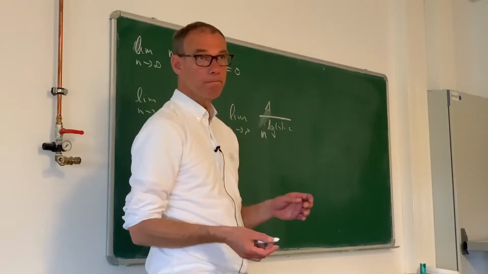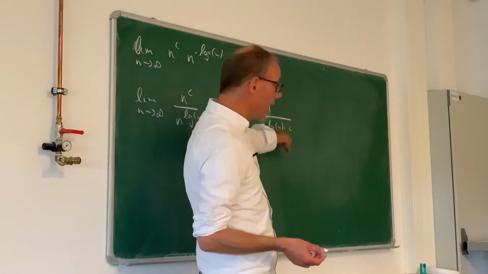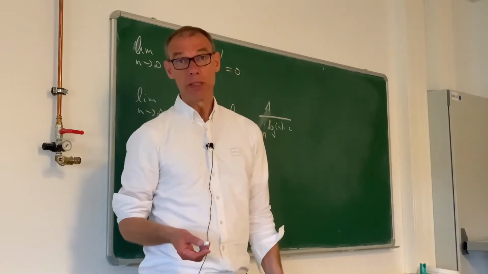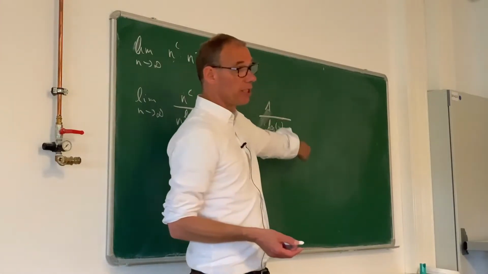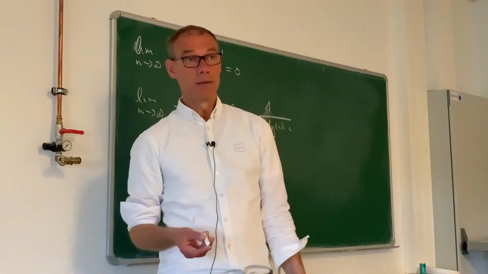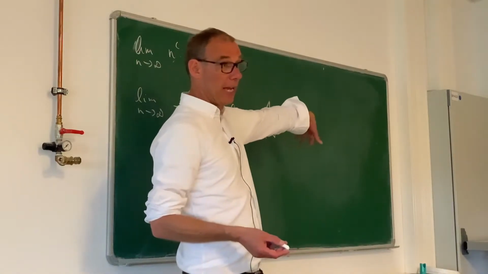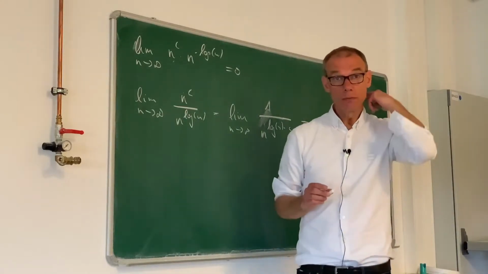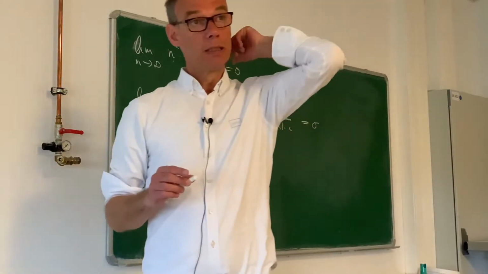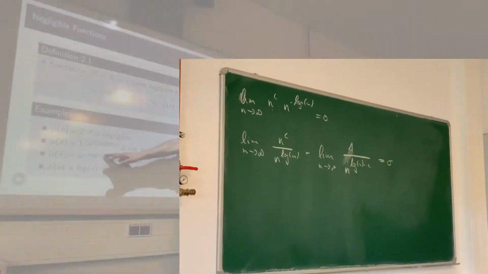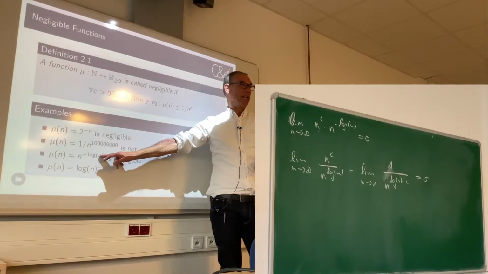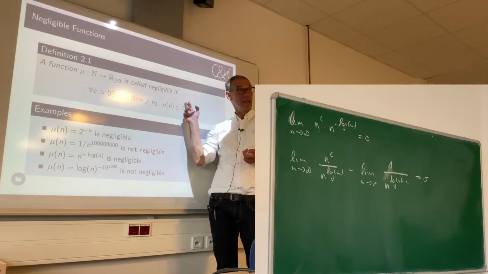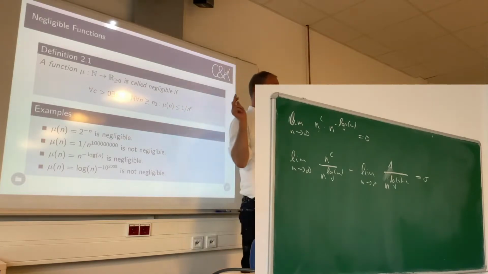But this exponent goes to infinity as n goes to infinity, because c is a constant. Then I have 1 over n to something that goes to infinity, and this is 0. This log n eventually becomes larger than any constant, and that's good enough for this function to be negligible.